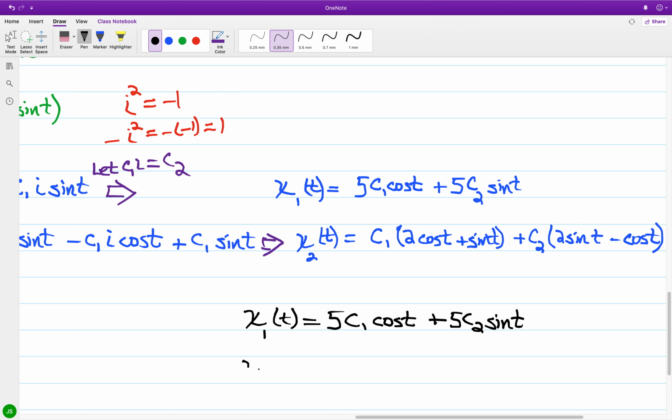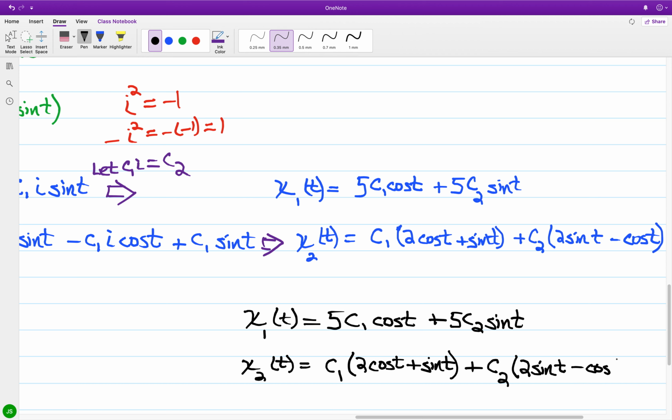And with x of 2 of t, we have c of 1 times the quantity 2 cosine of t plus sine of t, plus c of 2 times the quantity 2 sine of t minus the cosine of t, and that is the result.